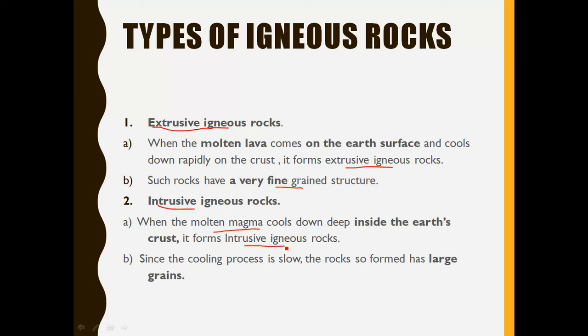It takes a lot of time. That is why the rocks so formed have large grains. So extrusive rocks, formed when the molten lava or magma cools on the earth's surface, have very fine grains, whereas when it cools inside, that is intrusive, the grains are big.